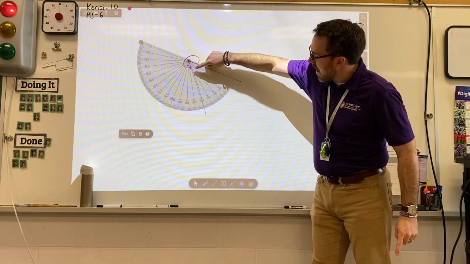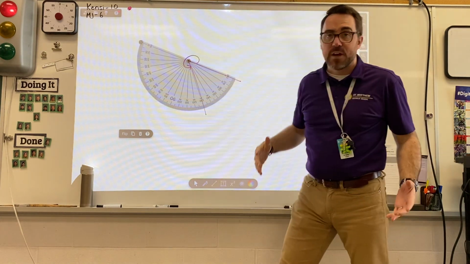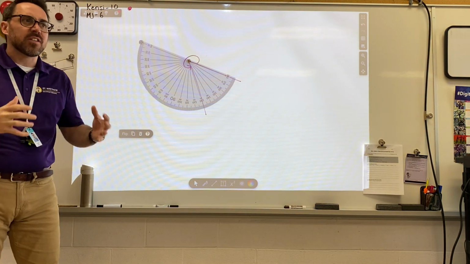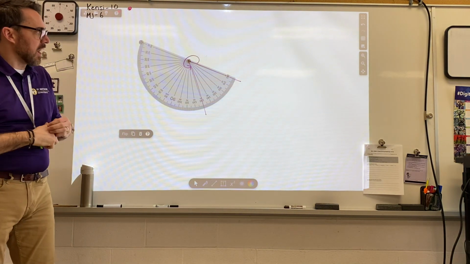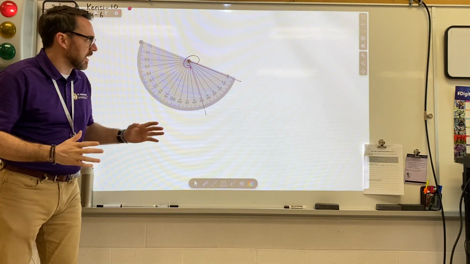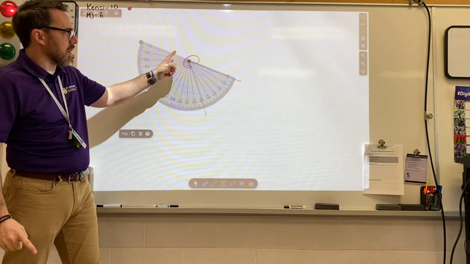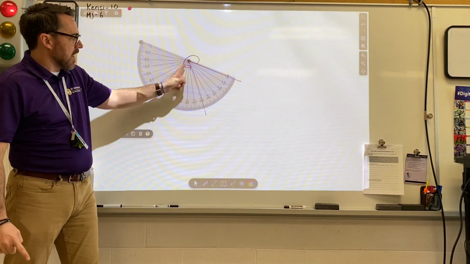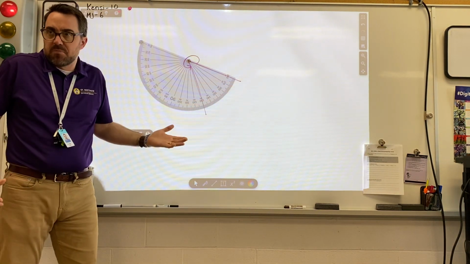I want to look down this arm now to figure out what angle I'm at. This is the hardest part, figuring out how to orient the protractor. But it's not that difficult if you understand that you have to have one of the arms on the straight edge of the protractor, and the other arm tells you the angle.